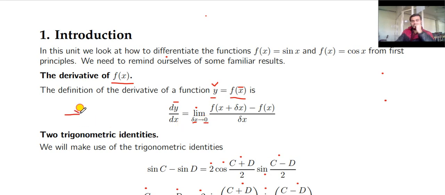This arrow indicates tends to. So we call it limit del x tends to 0, of f(x plus dx) minus f(x), divided by del x.